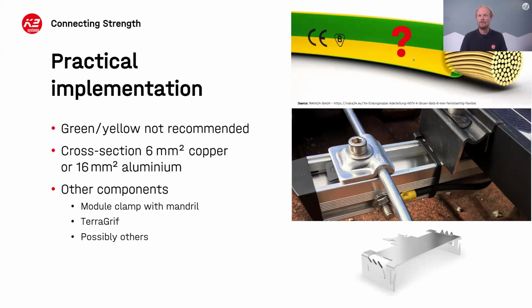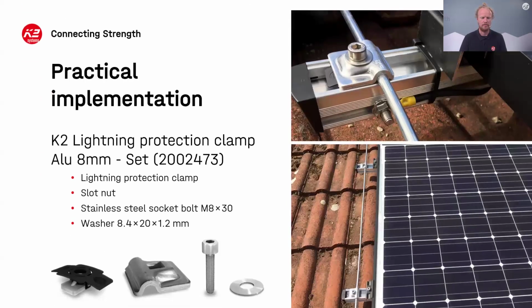There are a number of other components that you could use as well. This includes module clamps where they have a mandrel or a little tooth built into the clamp itself, which ensures that contact. The TerraGriff, which is our K2 product, and there are some other possibilities as well. Let me just now jump over to the next page.